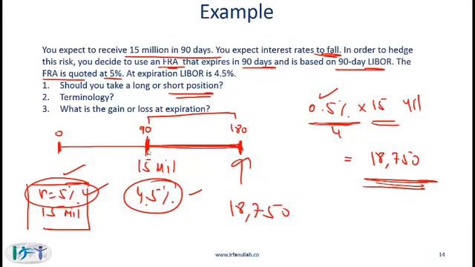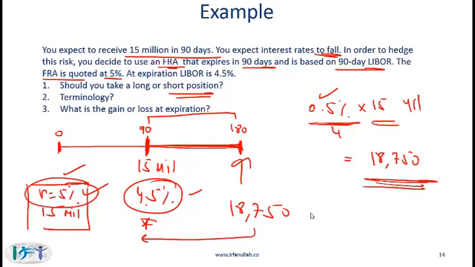If we want to settle the contract over here, then what needs to happen is the counterparty needs to pay you over here. Obviously, they will not pay you 18,750. What they'll pay you is the present value of 18,750. So we take 18,750 and discount back 90 days using the market rate over here. And the convention used with FRAs is as follows.